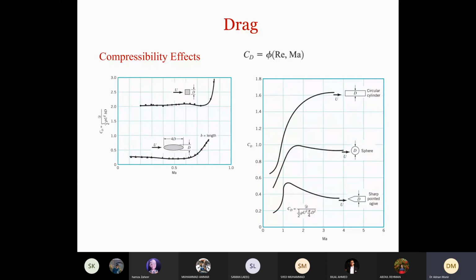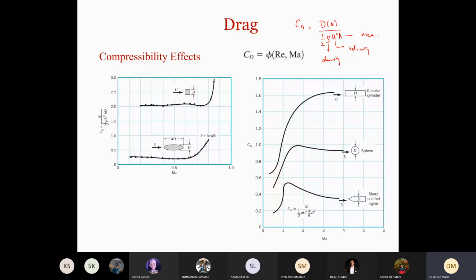We were discussing drag force, and we discussed that the non-dimensional form of drag force is CD, and it is given as D, where D is the drag force in newtons, divided by half rho u square A, where rho is the density of fluid, u is the velocity, and A is the area.